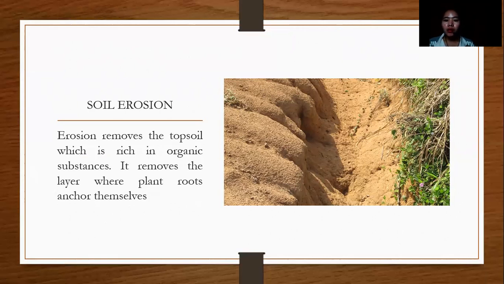So with the presence of soil erosion, masisira talaga yung ating pananim. Hindi sila makatubo og tarong. Kaya na-remove na tong mga substances that is very rich in terms of organic substance. As you all know naman that an organic substance help the soil to become more productive.